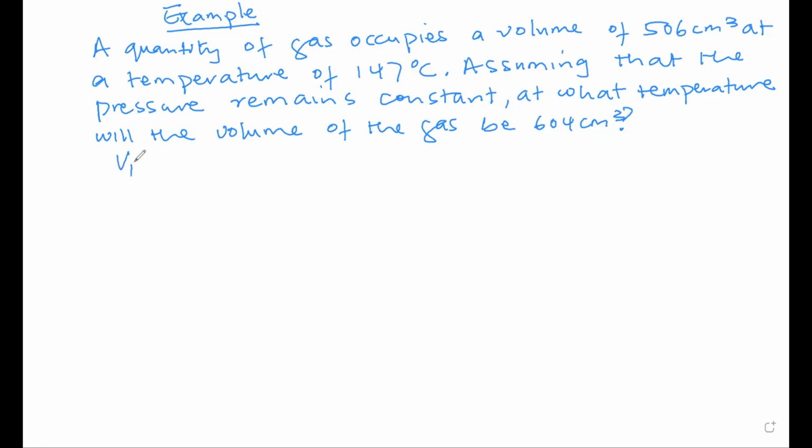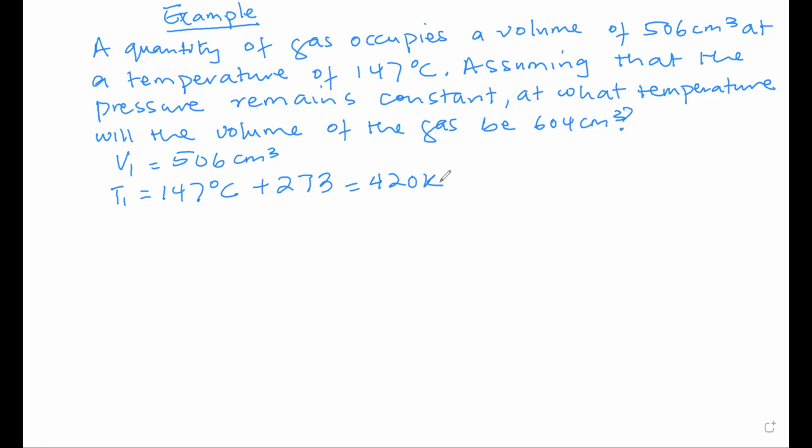The initial volume is 506 cubic centimeter at an initial temperature of 147 degrees Celsius. I like to convert immediately because it's easy to forget, which will be 420 Kelvin. Take care of it immediately.